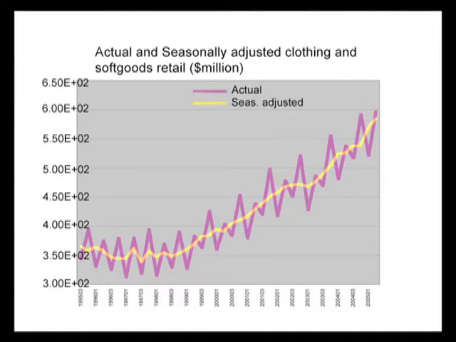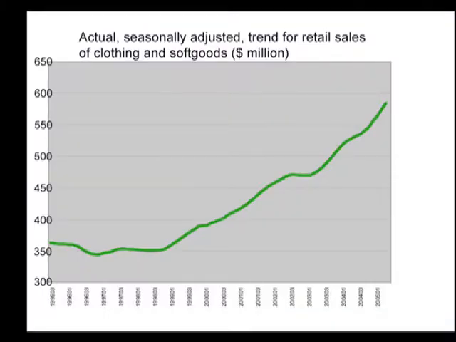And some of the wiggles in this line are due to what we call irregular, things that just happen in each quarter, quite apparently randomly, although sometimes there's a good reason why something might be going down or up for a particular quarter. X12, the computer package I was telling you about, also calculates the trend. And this shows a picture of the trend line in here as well as the seasonally adjusted line.